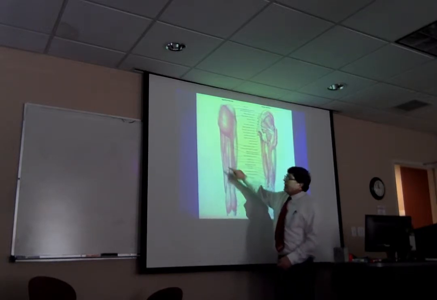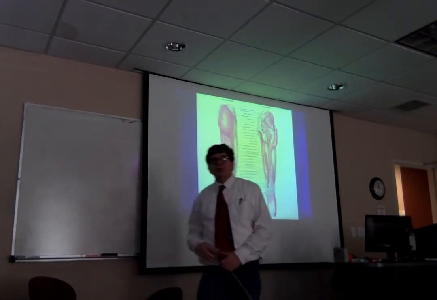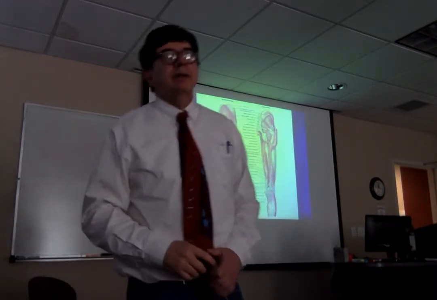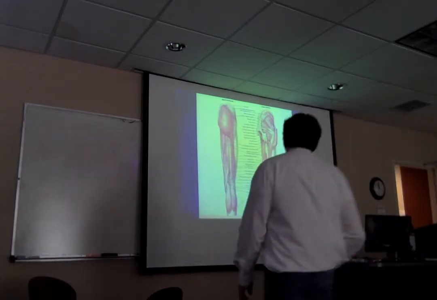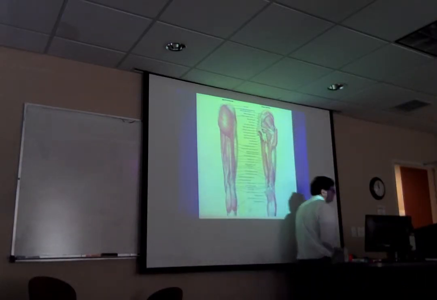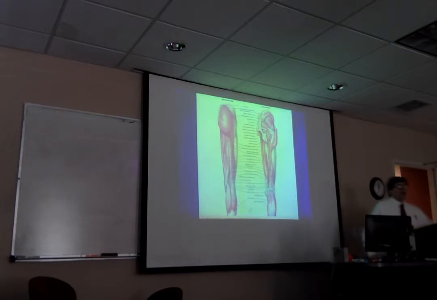Whereas on the other side, the semimembranosus is the medialmost muscle, so it's going to attach to the medial condyle of the tibia. And the semitendinosus is also going to attach to the medial part of the tibia. Innervation, sciatic nerve.